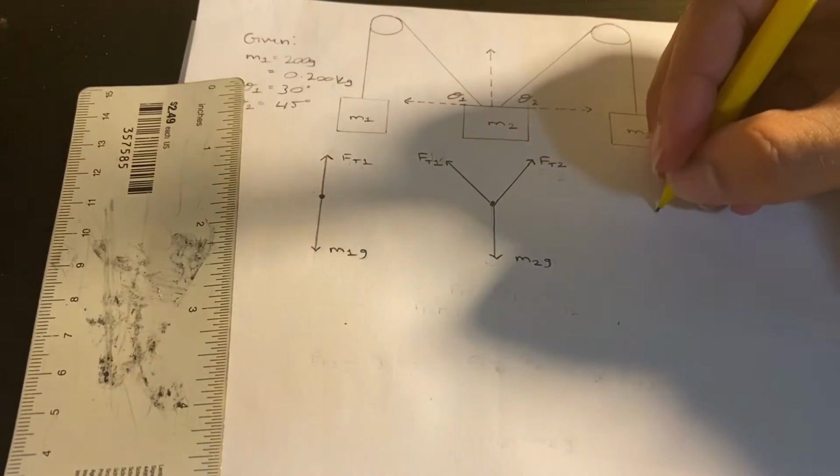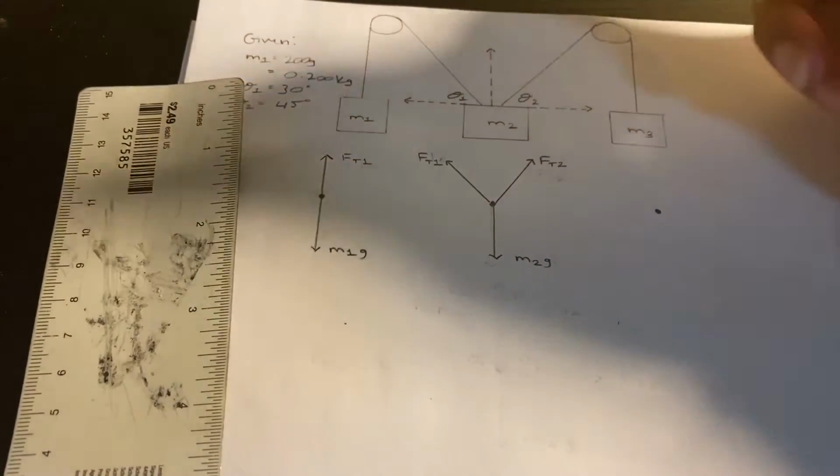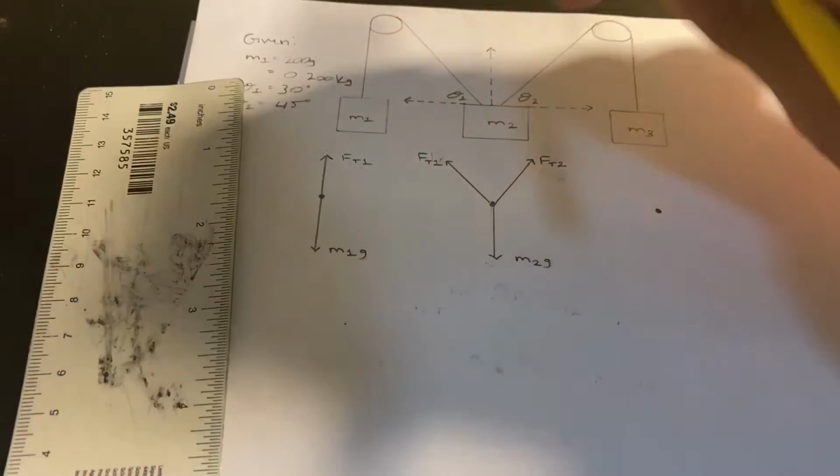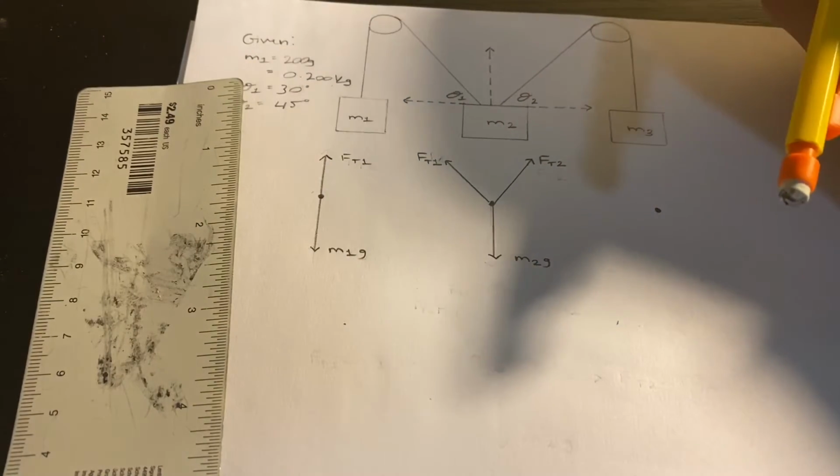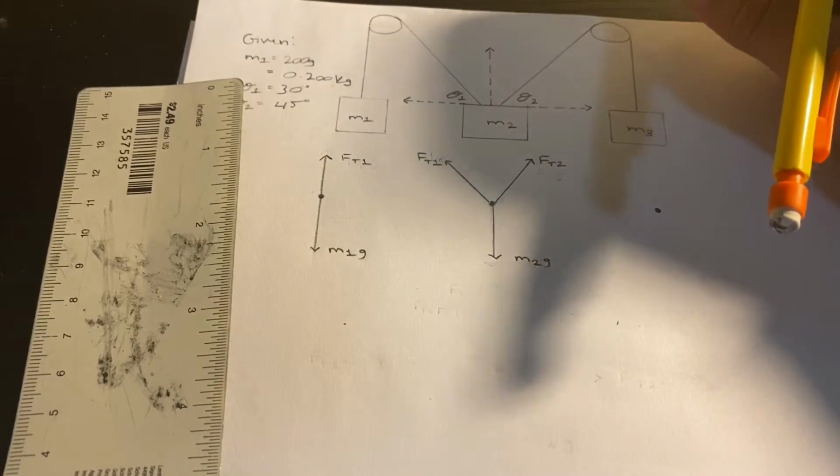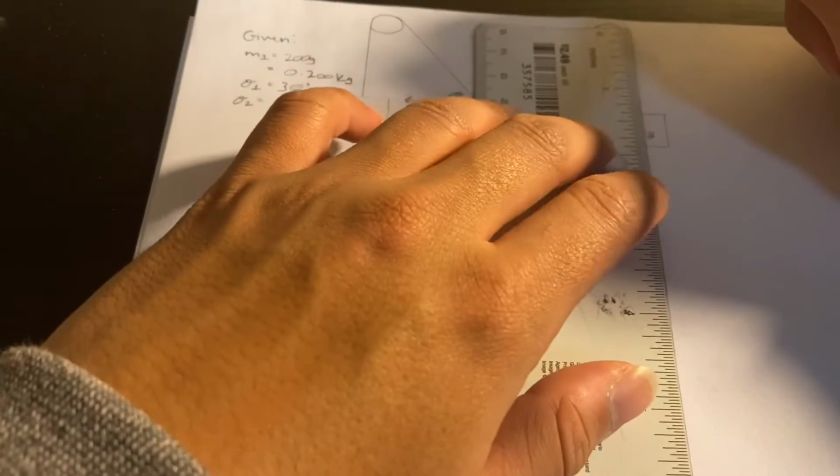And then for our last free body diagram, it is similar to mass 1 in that there are two forces, the tension force and the gravity force, and they're acting in the same y direction.